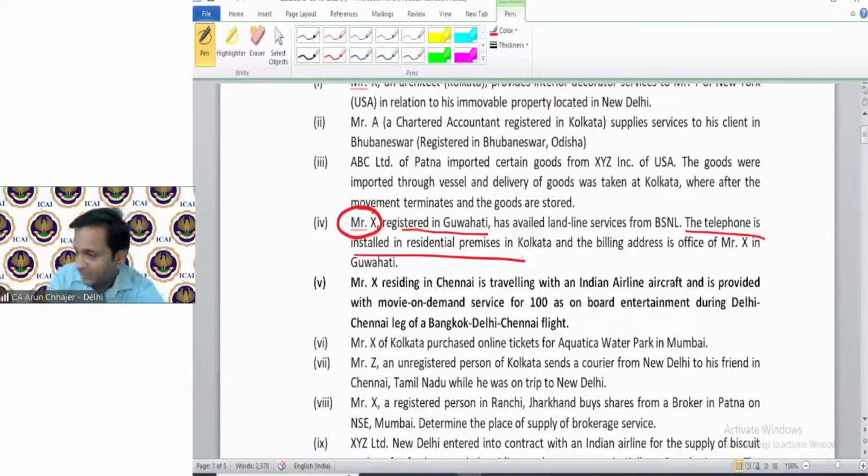Now, in this given case, it is a service transaction and both parties are in India. Therefore, it will be covered by section 12.